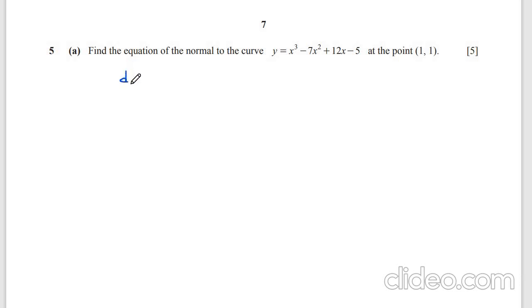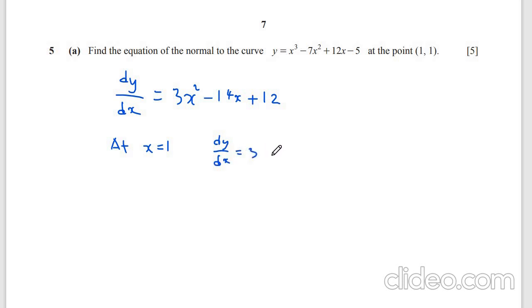So first of all, let's find dy/dx. Okay, so at the point where x is equal to 1, the gradient dy/dx, so the gradient is 1.